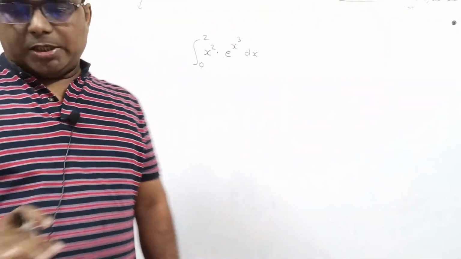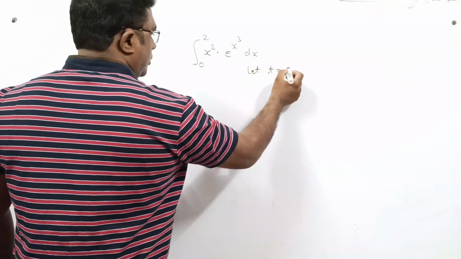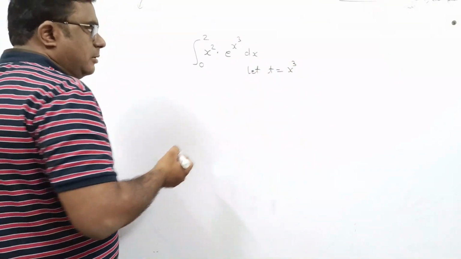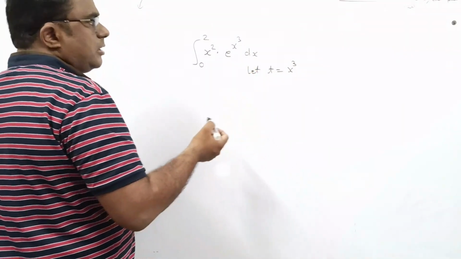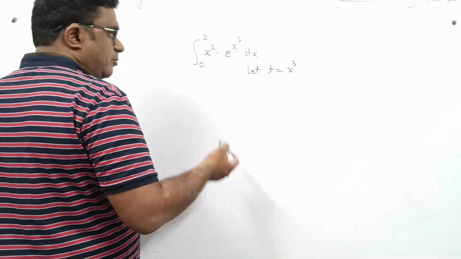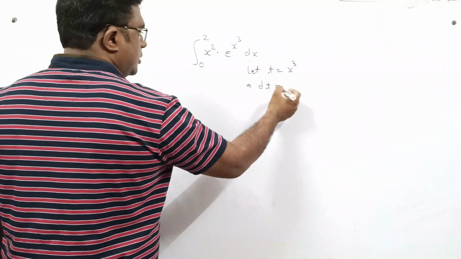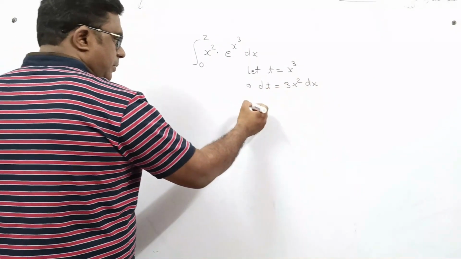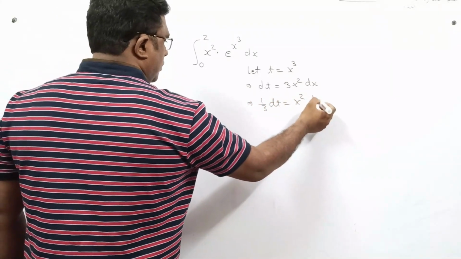To find it, we will say let t equal x cube. It means we are modifying the variable. Our original question is in terms of x, but now we are converting it in terms of variable t. Let us take the derivative. So dt is equal to 3x square dx, which implies 1 upon 3 dt is equal to x square dx.